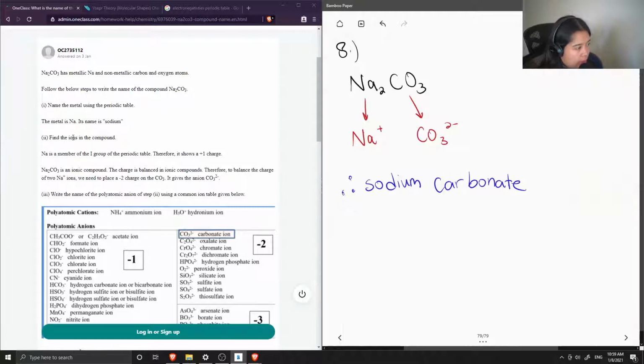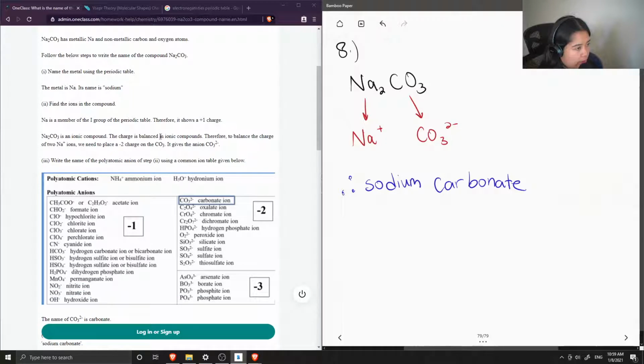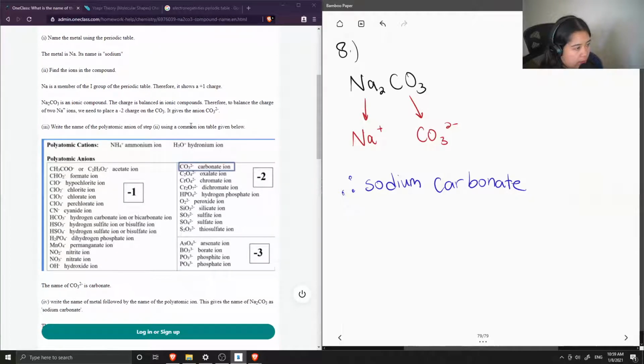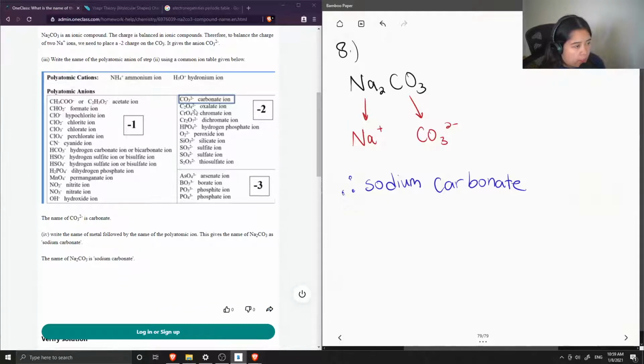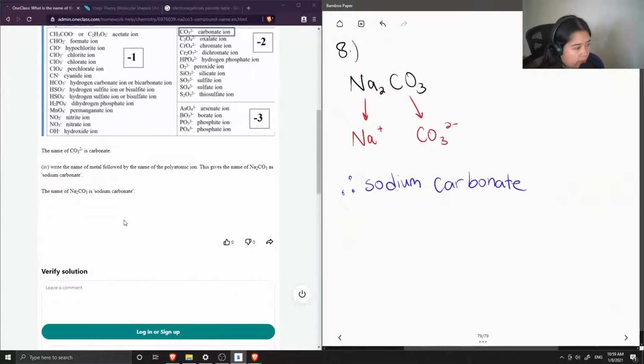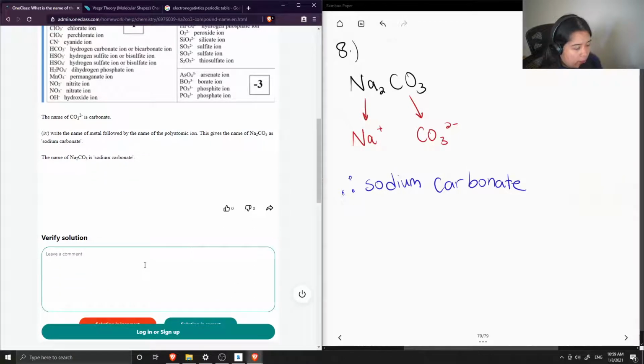Step 2, find the ions in the compound. So this gives us the anion carbonate. And then they also have the helpful chart showing all the different polyatomic ions you could have. So once they located it on the chart, then we can finally name it as sodium carbonate. So this solution is correct.